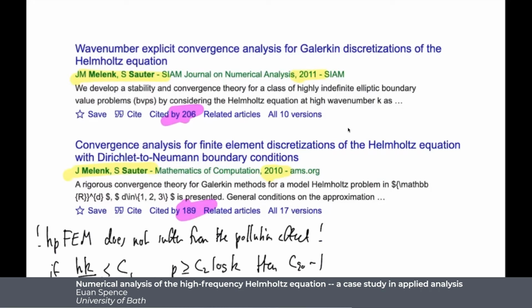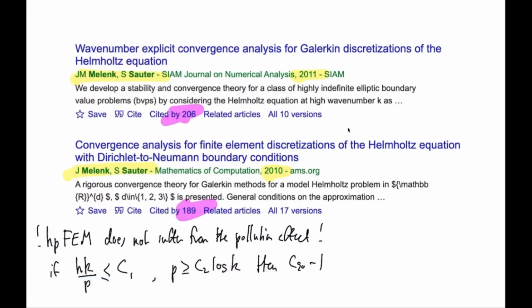Let me write it up here. We had that for fixed p, to get this quasi-optimality independent of k, I needed h to go like k to the minus (p plus 1) over p. So that showed you that large fixed p is helpful, and here they show that if you increase p logarithmically with k, then you really get rid of the pollution effect. Why is that?